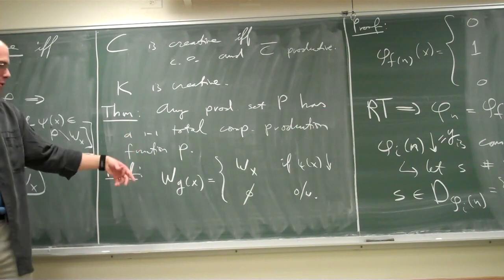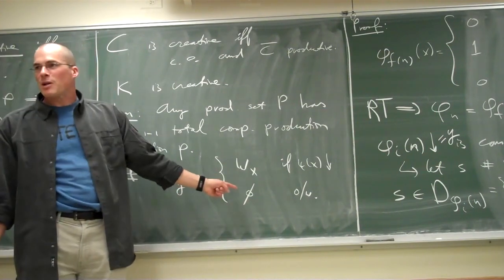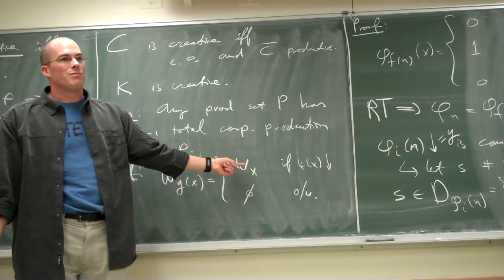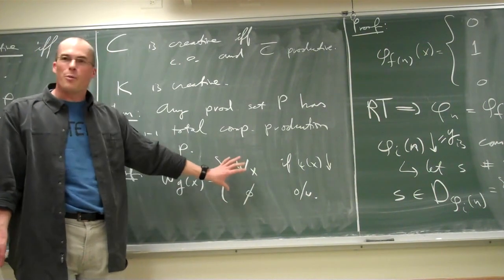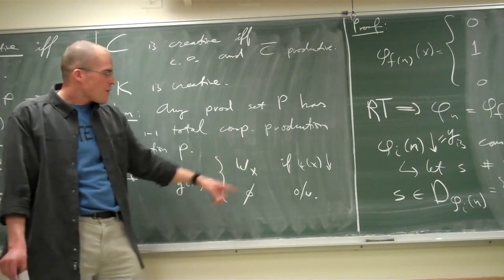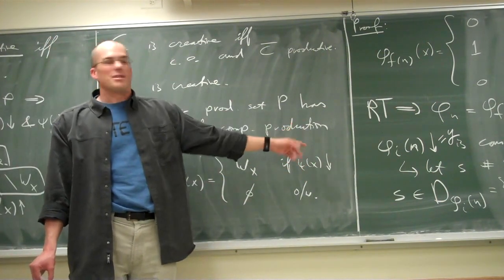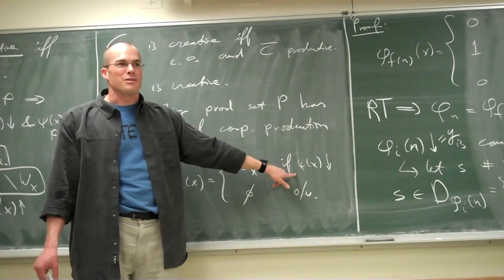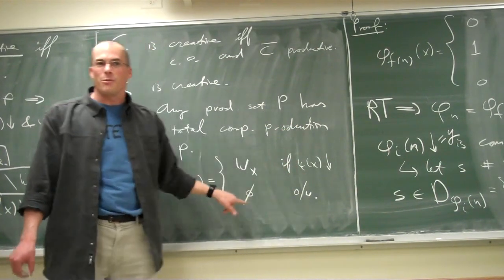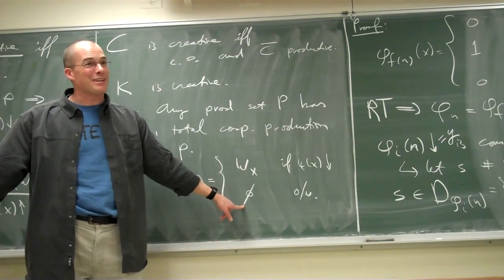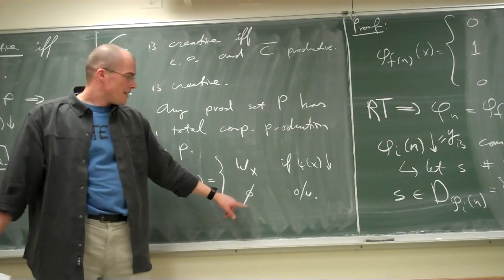So I need an index of a Turing machine which is either empty or equal to Wx. And so what do I do to get this Turing machine? Well, I start computing phi of x. If this never converges, then this case is false, so I'm in the otherwise case. In which case I need an index for the empty set, and I'm already doing the right thing, never converging.